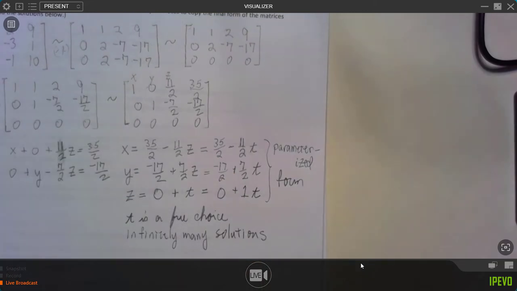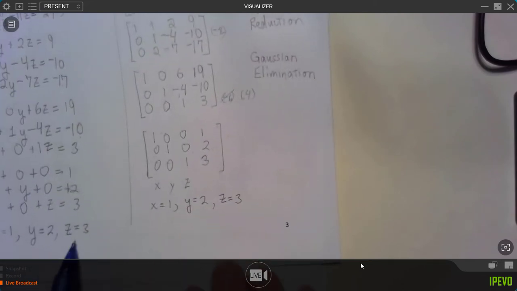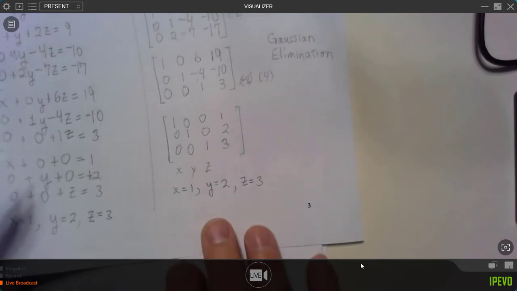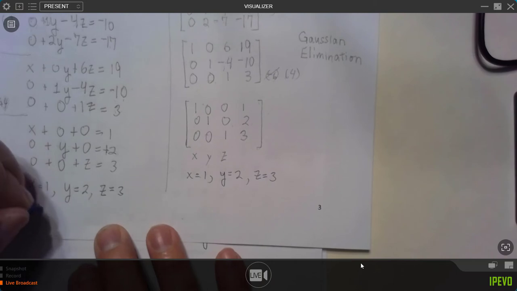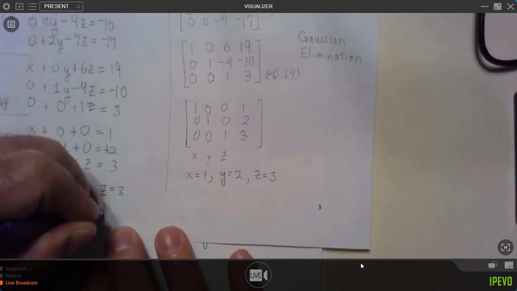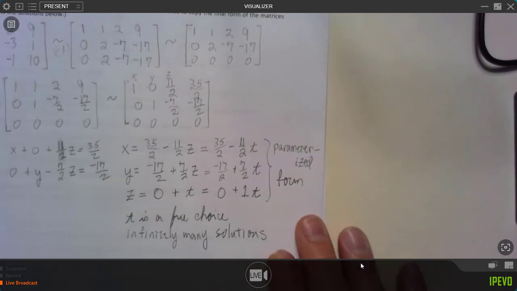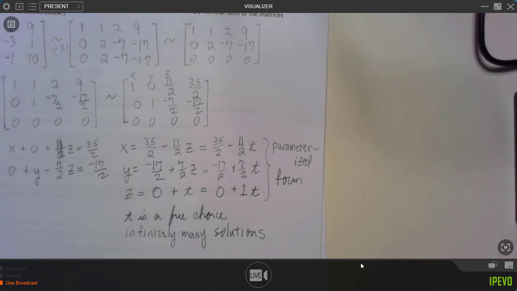Okay, now remember the first one we did, we had a single solution. There's one and only one solution there, so we usually say that this is a unique solution. Here we solved our system, and it turned out that we had infinitely many solutions.